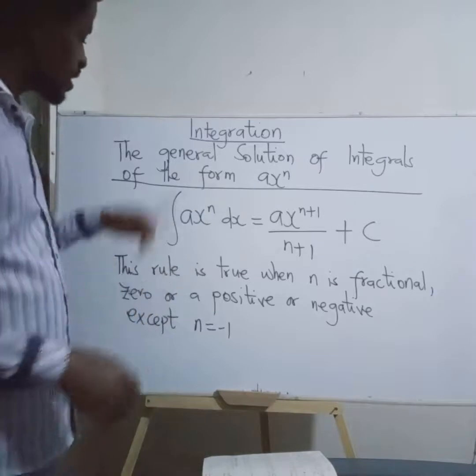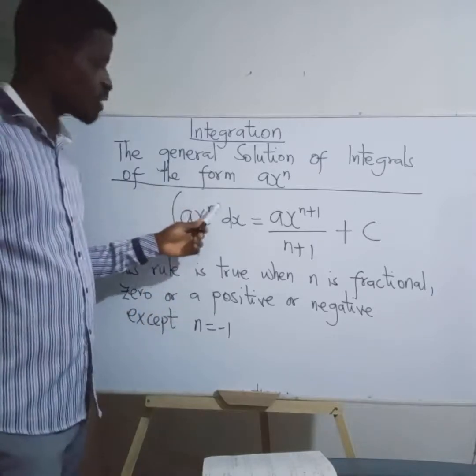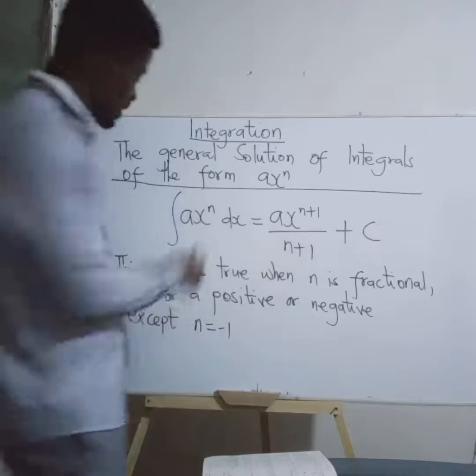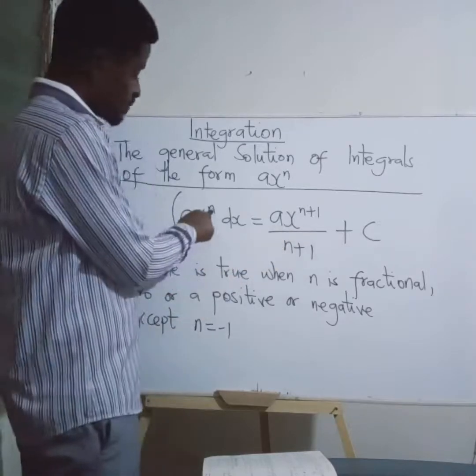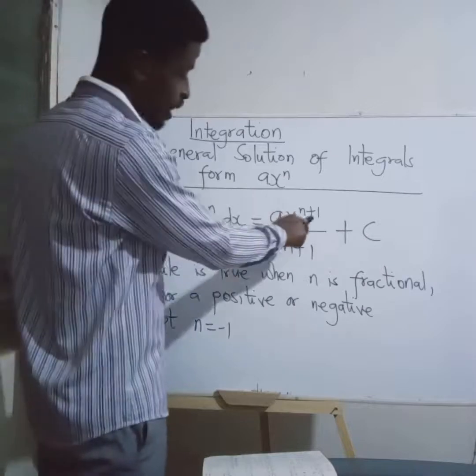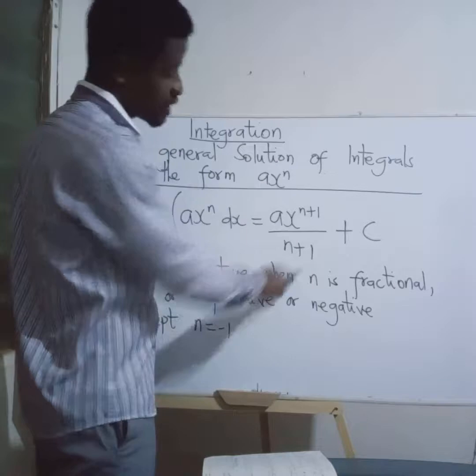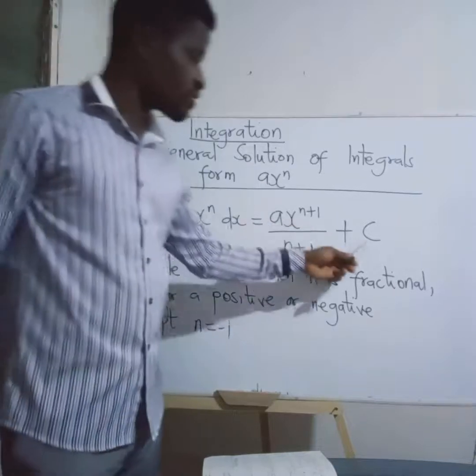So anytime you are integrating, you add 1 to the power. Then you divide by the whole power. So you can see that here was ax to the power n. So we will add 1 to the power divided by whatever power that we have, which is n plus 1. Now I hope you can see some c here.